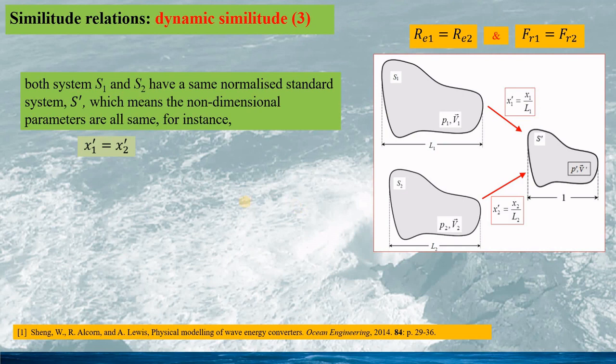Since the transformed systems for these two systems are identical, we can see the non-dimensional parameters x1 prime equals x2 prime as this.